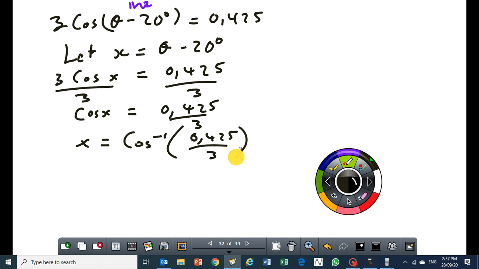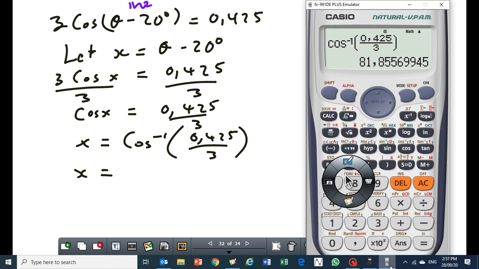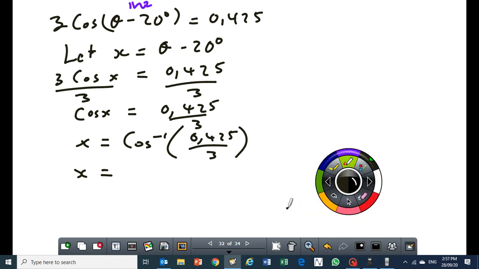Fortunately, we know what this shift cos is equal to. So your x becomes 81.85 with all those digits. Now this is x.